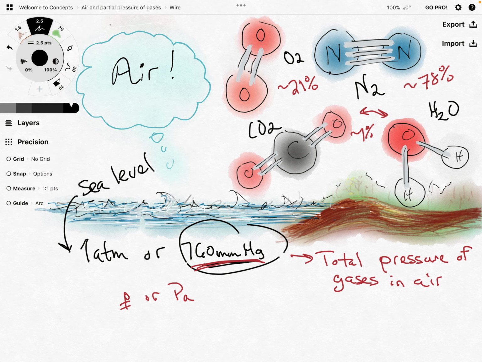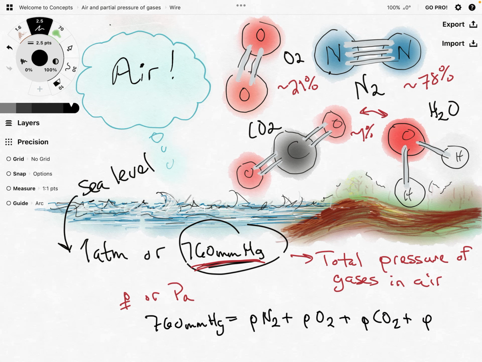All right, so 1 atmosphere, 760 millimeters of mercury, would essentially equal the partial pressure of N2 plus the partial pressure of O2 plus the partial pressure of CO2 plus the partial pressure of H2O. Again, these are percentages of that total number.